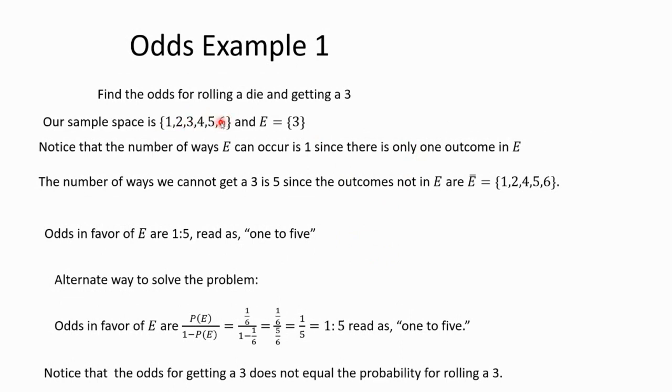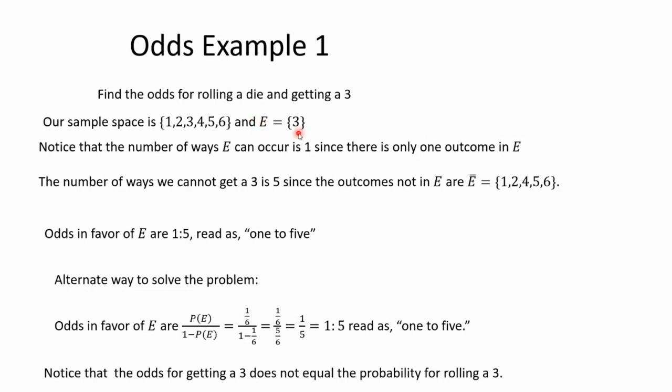Those are the numbers you can get rolling a 6-sided die. So our event E here would be rolling a 3. Of course here, E only has one outcome in it. The number of ways E can occur, that is the number of outcomes in E, is just 1.